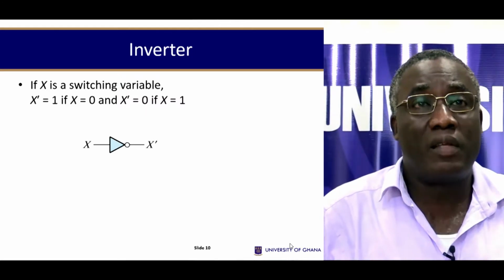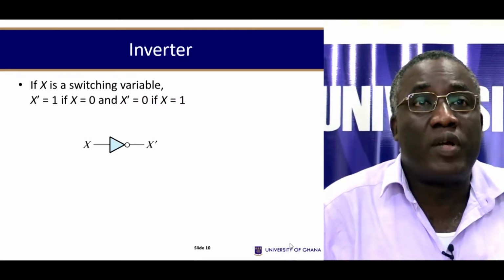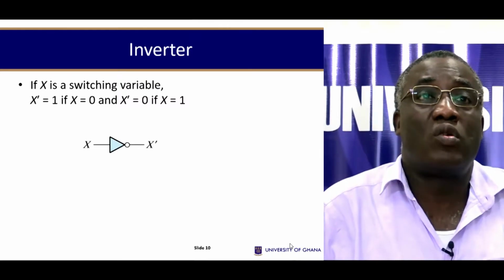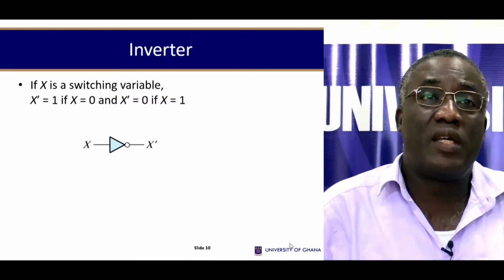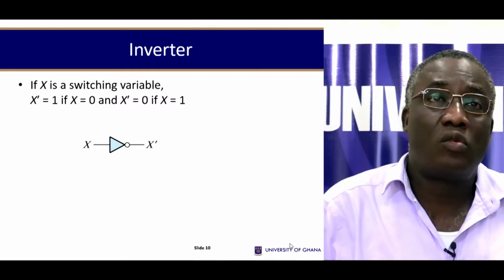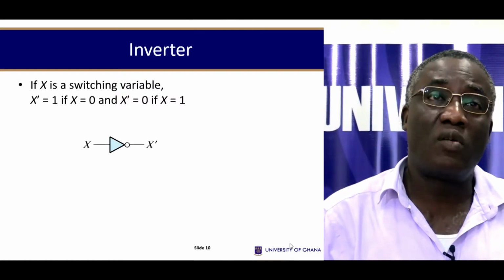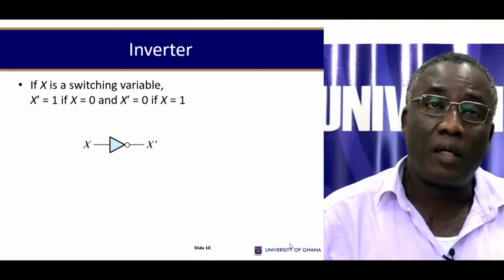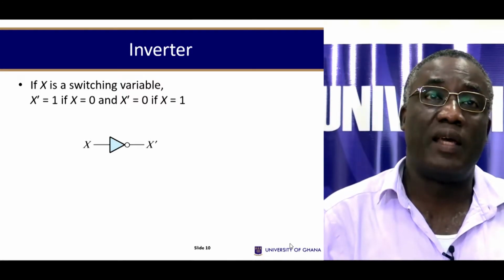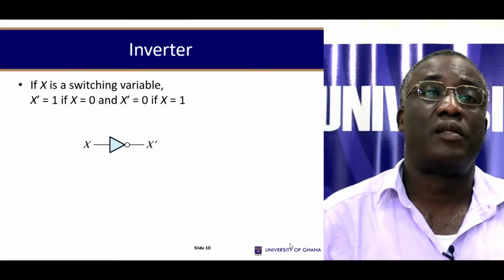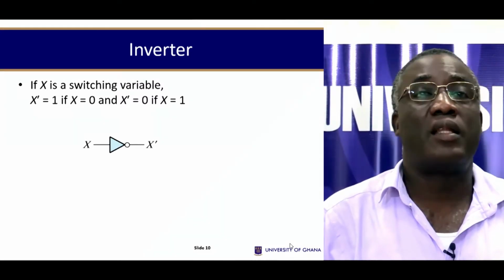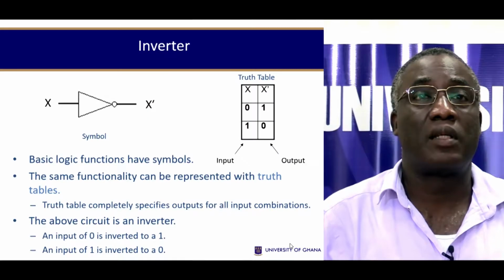So a basic operation you have within logic circuits is to invert. So you change something from 1 to a 0 or from 0 to a 1. And you use that triangular symbol with a small circle at the end to represent an inverter. So you put in x, and at the output you get the complement of x.